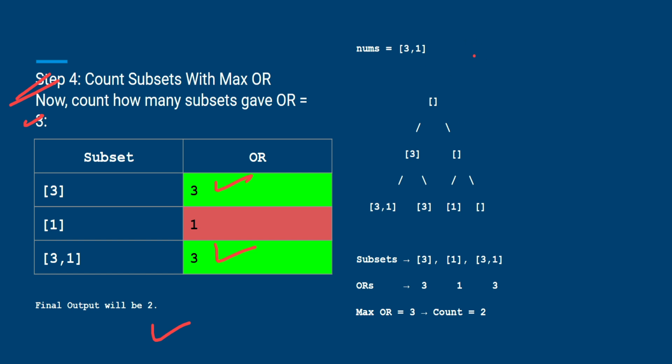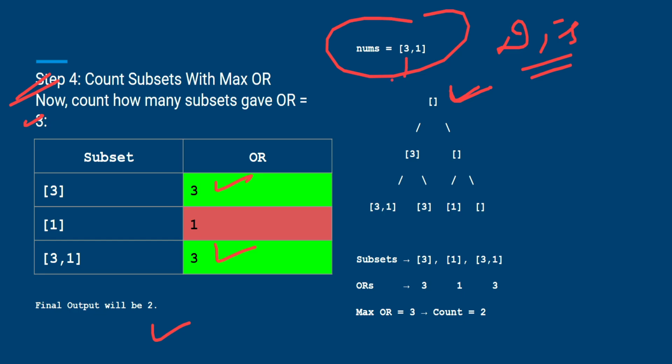If we visualize this in the DFS tree, how will we visualize it? Very first, we are not taking any element from this array. Now we'll take 3 here, so we'll say 3. Another, we are not taking anything. Then if you're taking 3, there is a possibility we can take 3 1, or we cannot take 1.